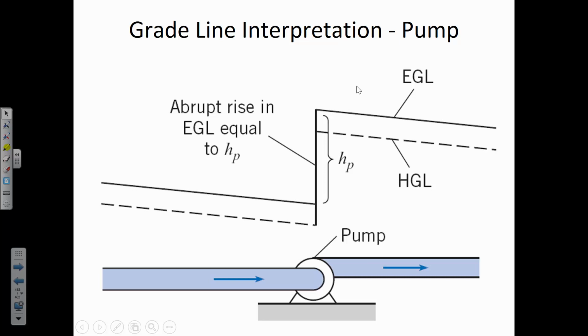In the direction of flow, both of these lines are getting lower and lower because of pipe friction, but then the pump suddenly has a vertical line that's increasing the energy in the amount of the pump head that's being added, and then the gradual decrease of both of those lines continues due to pipe friction once we get through the pump. Any questions about how a pump affects the hydraulic grade line and energy grade line?